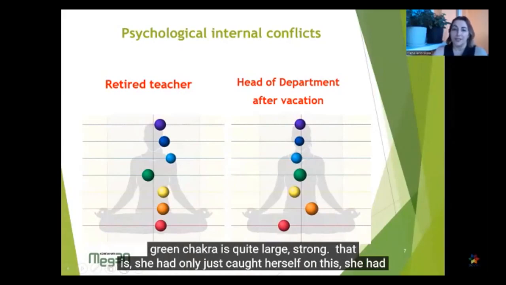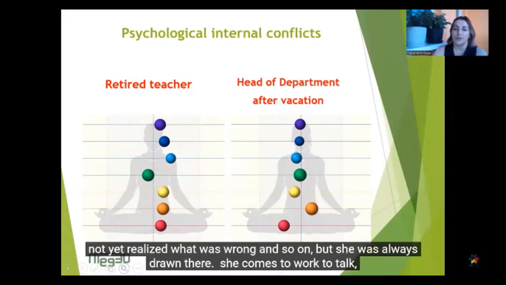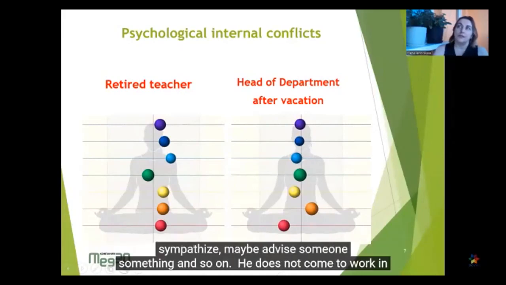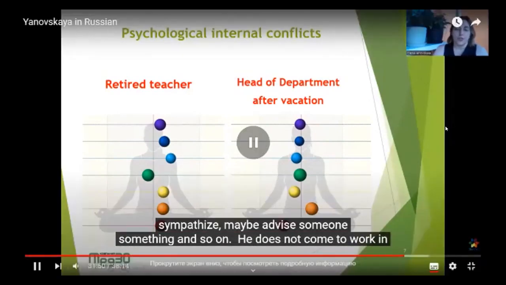And when you see the green chakra is quite large and strong, it's the most centered, but she did not yet realize what was going wrong and so on. But she was always drawn there. She likes to advise people on something. She likes to interact and sympathize and tell them if something is wrong.